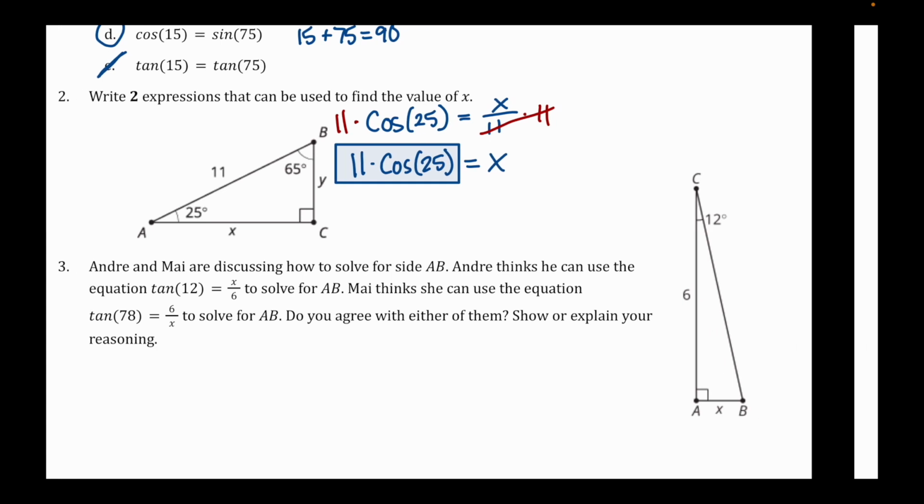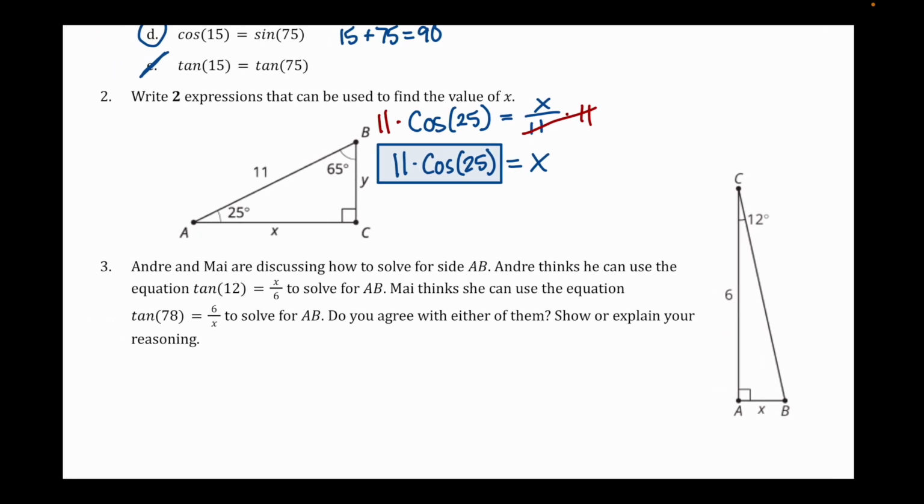So if we write this out the other direction, again, I can't use y, so I have to still use x and 11. Normally with the 25, the only way we'd be able to do that is with cosine. However, we do know that we can use sine, so we're going to use sine and use the 65.